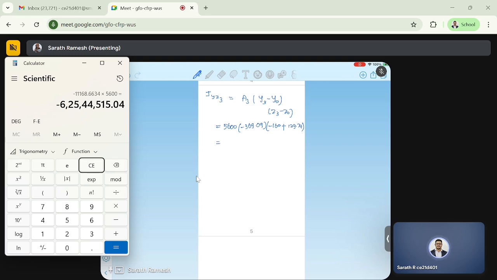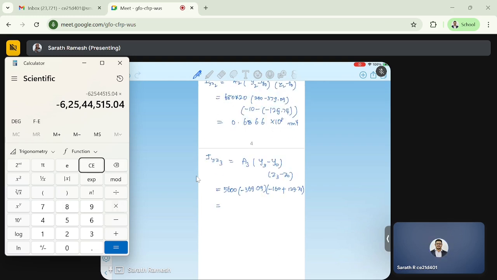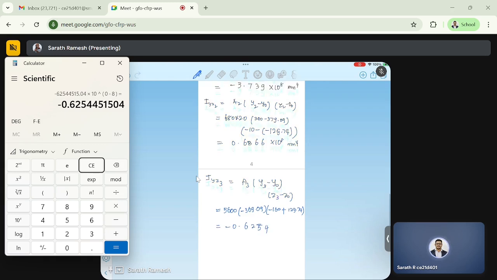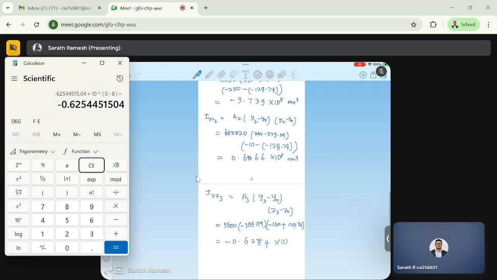Writing this in terms of 10 to the power 8, I'm getting minus 0.6254.